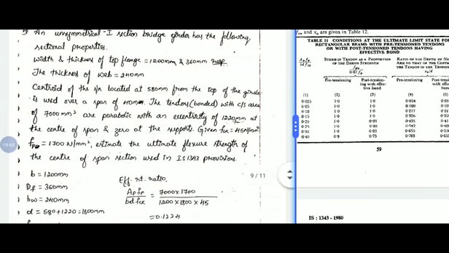And it is given the tendons are bonded, so we can consider it as pre-tensioned only. Details: width of the flange 1200, thickness 360, width of web 240.